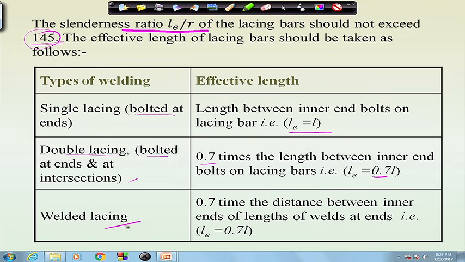And for welded lacing also it will be 0.7 L. So, the effective length for different cases has been defined in the code, as shown here. In single lacing LE is equal to L, in double lacing it will be 0.7 L, and in the welded case also it will be 0.7 L, and the slenderness ratio should not exceed 145.